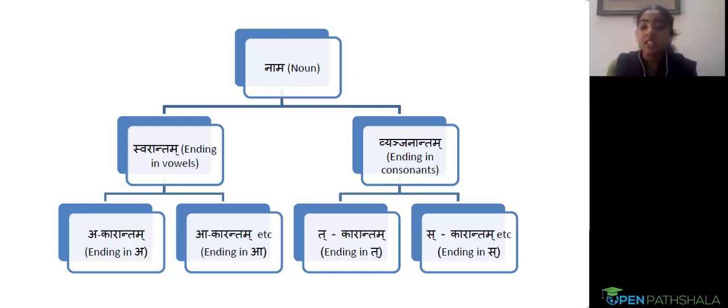Swarantam has examples of words ending in a, i, u, r, etc. In Vyanjanantam, you have examples of words ending in ta, sa, etc. Out of these, we'll be seeing the Swarantam category, words ending in vowels, and that too specifically Akarantam.